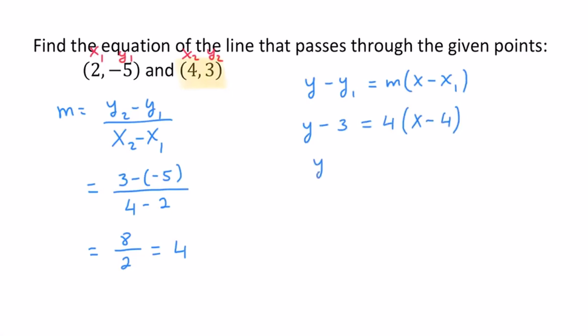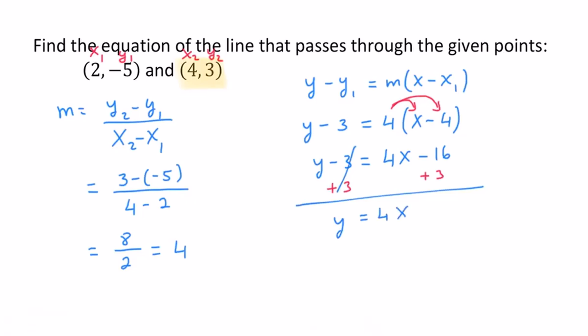Simplify, so we have y minus 3 is equal to, multiply the 4 in, so 4 times x, that is 4x. 4 times negative 4, so we have negative 16. Add 3 over, and we have y is equal to 4x minus 13 is our equation.